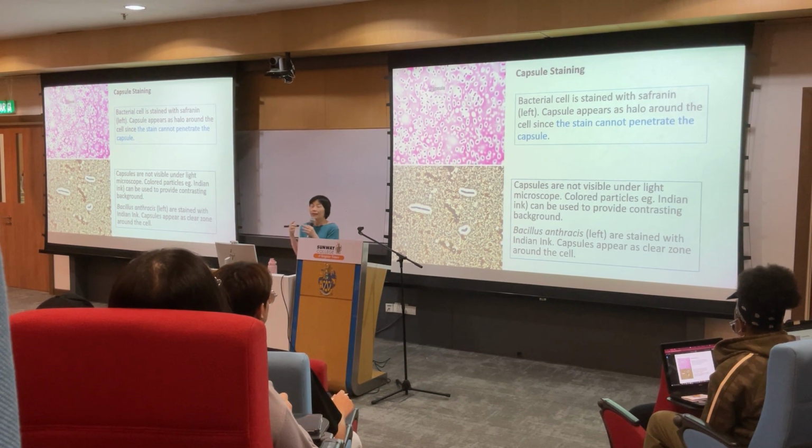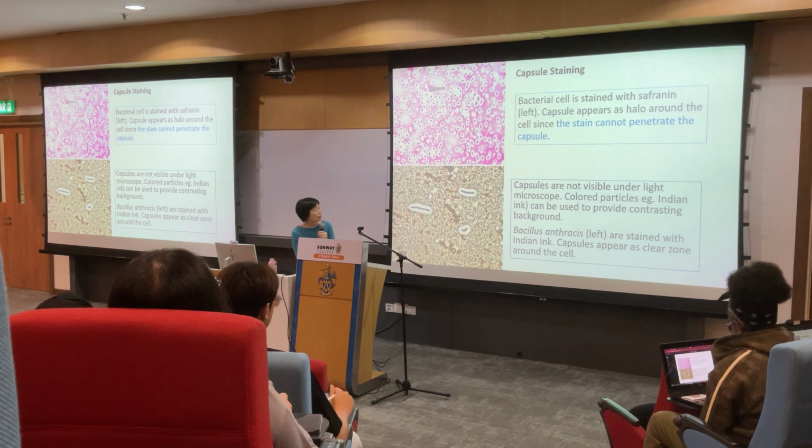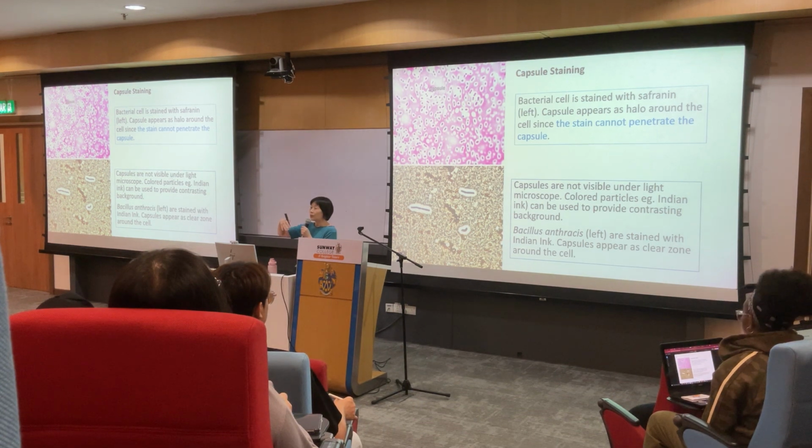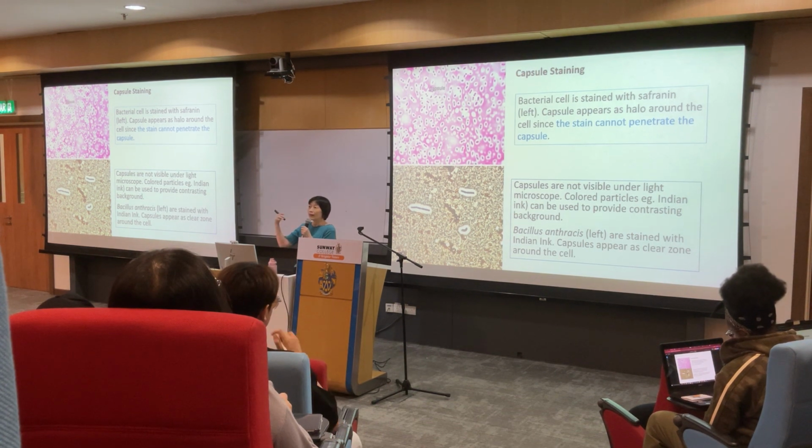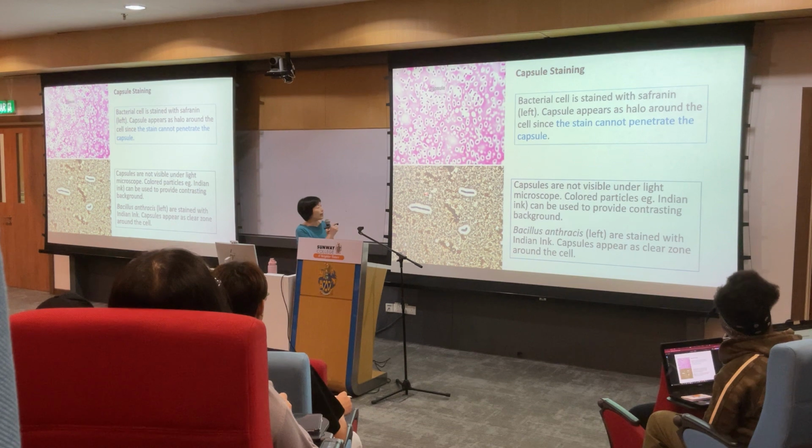The stain, sulfonin here, and even the Indian ink, I think this is the Indian ink that you use, cannot penetrate into the capsule. So therefore the capsule is not stained. What is being stained is the bacterial cells and the background, because you apply a lot and didn't wash off the background.